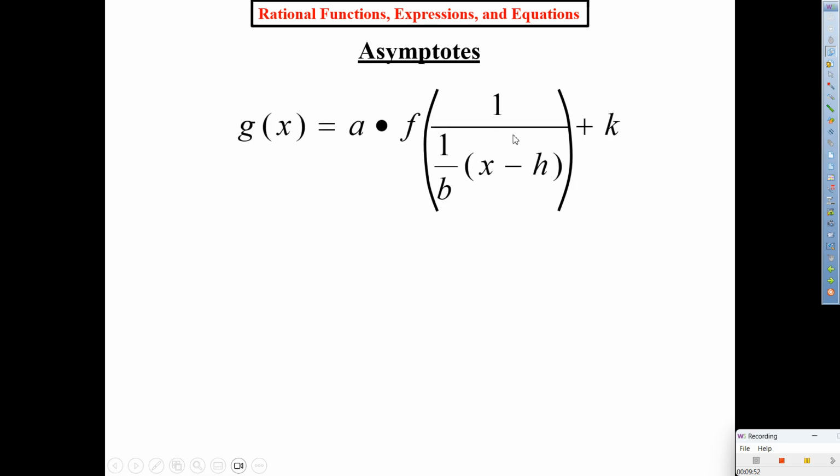All right, so you're still in the back, is that correct? Next to the steps that you wrote, I want you to write this form, please. g of x equals a times f, parentheses, 1 over b times x minus h, close parentheses, plus k.